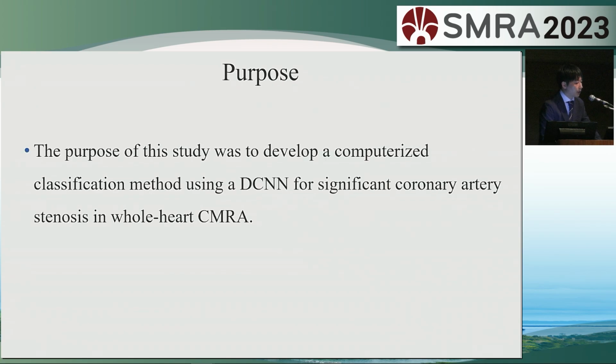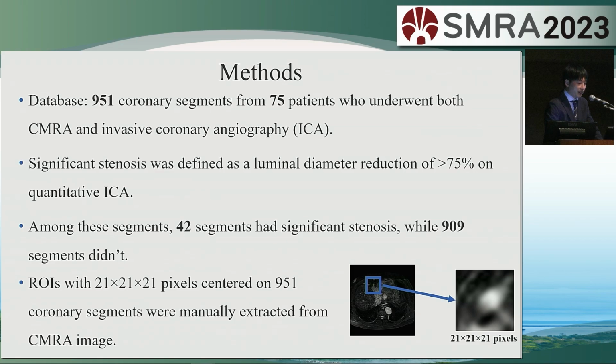So, the purpose of this study was to develop a computerized classification method using a DCNN for significant coronary artery stenosis in whole heart coronary MRA. This study included 951 coronary segments from 75 patients who underwent coronary MRA and invasive coronary angiography.